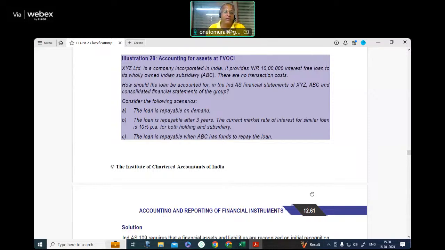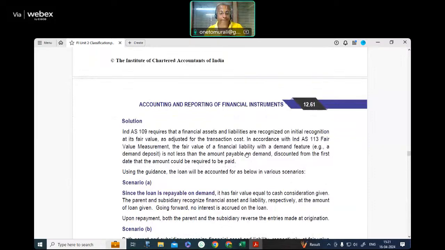Then B, if the loan is repayable after 3 years, the current market rate of interest for similar loan is 10% per annum for both holding and subsidiary. The loan is repayable when ABC has funds to repay the loan. Now, let us just understand what exactly is to be done.